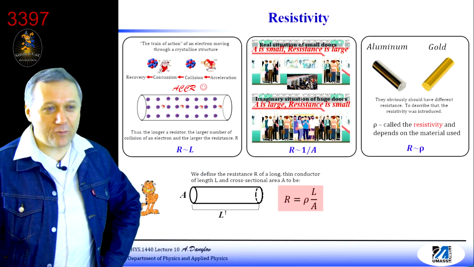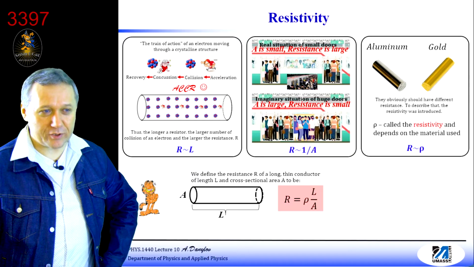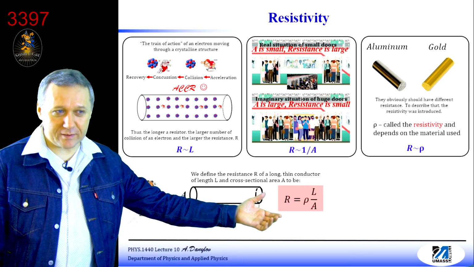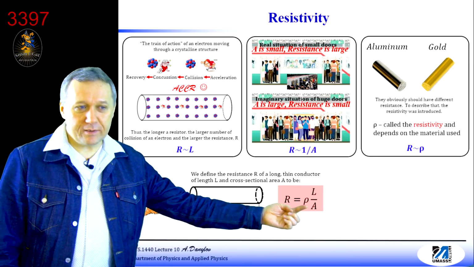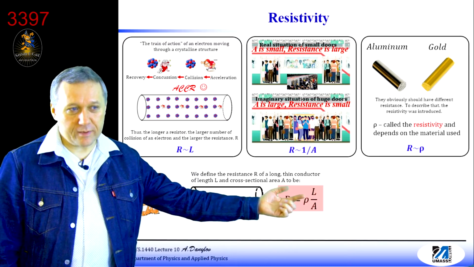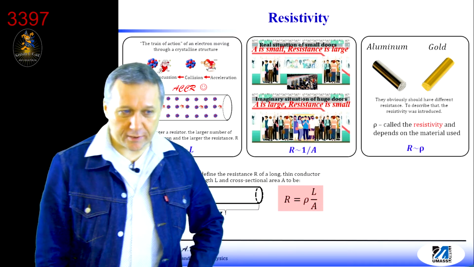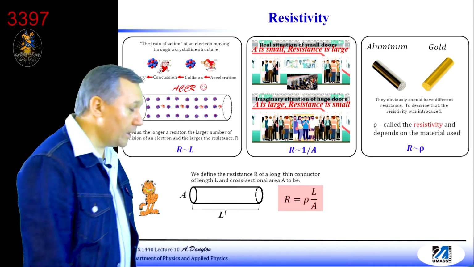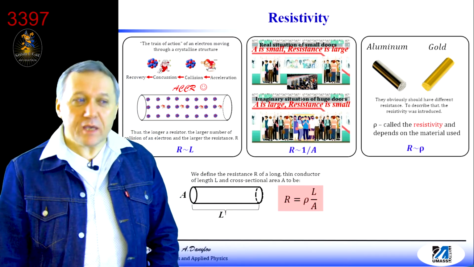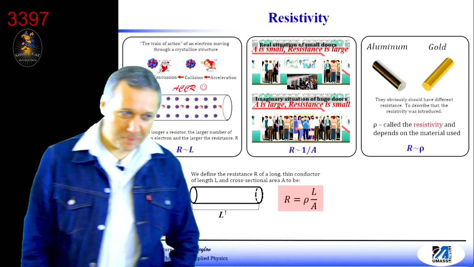Right, okay, so now finally, I can write the whole expression. So R equals resistance equals resistivity times length of the resistor divided by the cross-sectional area. All right. Okay, so first of all, what's the major feature of this expression?